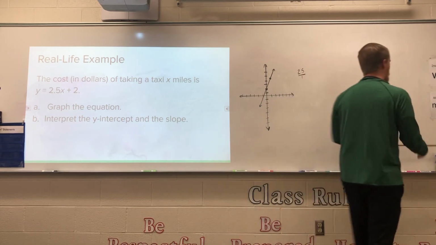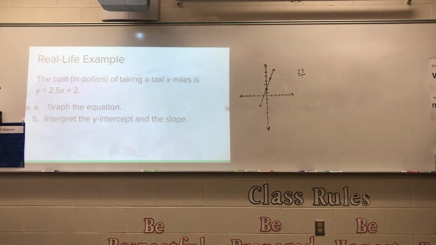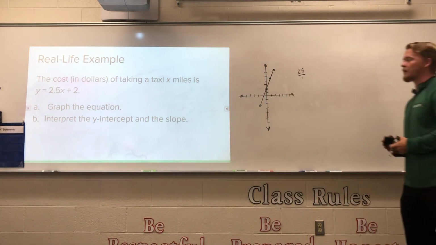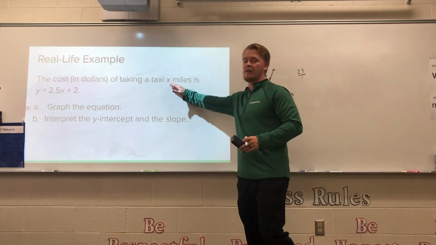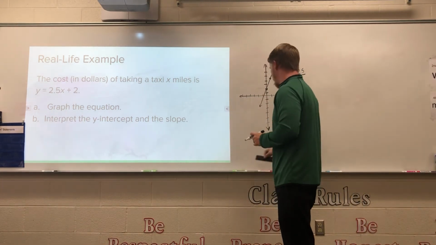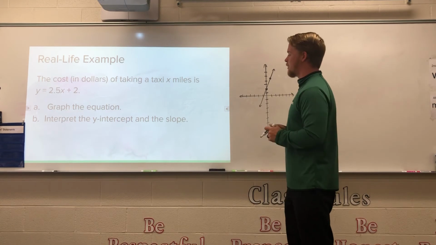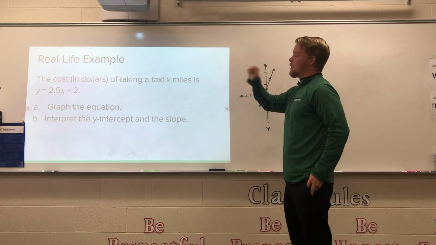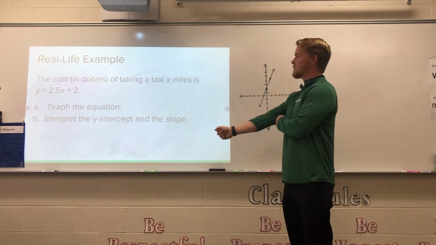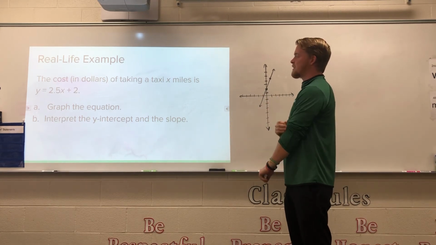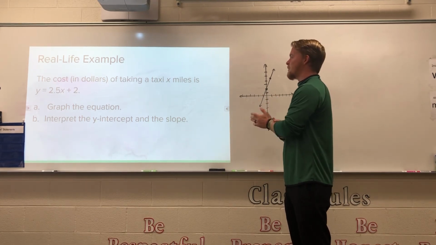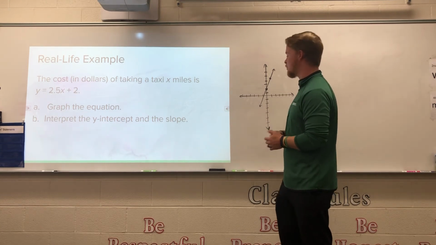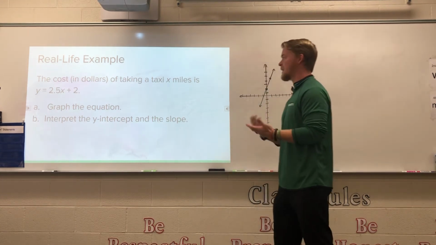The interpreting part is more of a deeper thinking question because you have to think about the context of the problem. So first of all, we want to know what the y-intercept and slope mean. The slope is usually easier to understand. It says the cost in dollars of taking a taxi x miles. So we know that x represents the miles you are taking.